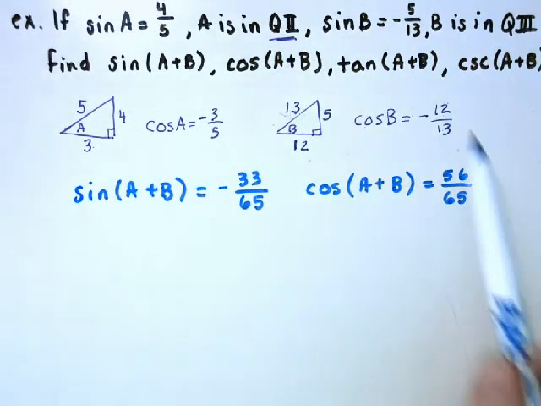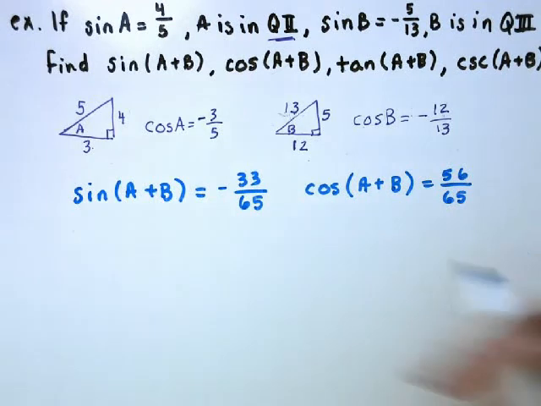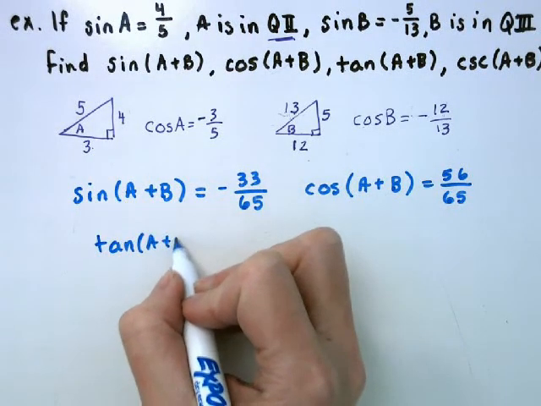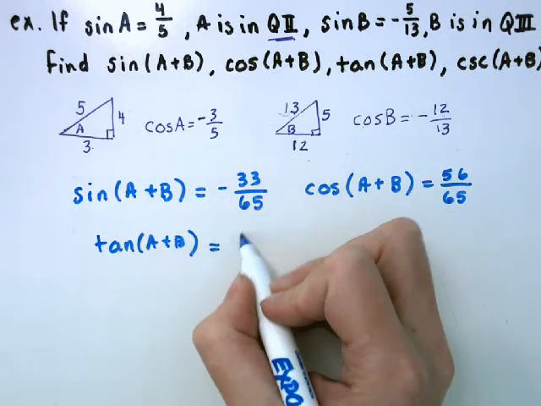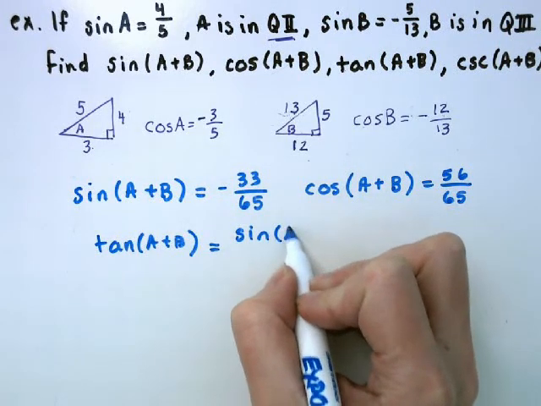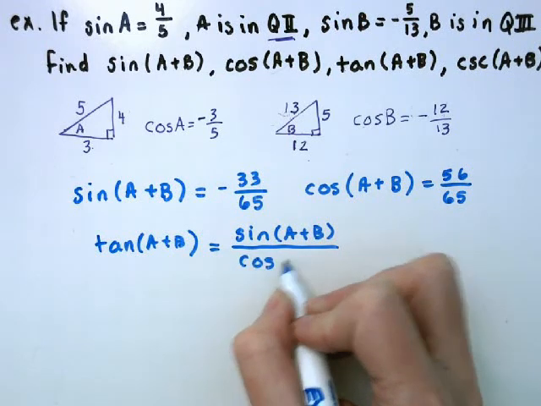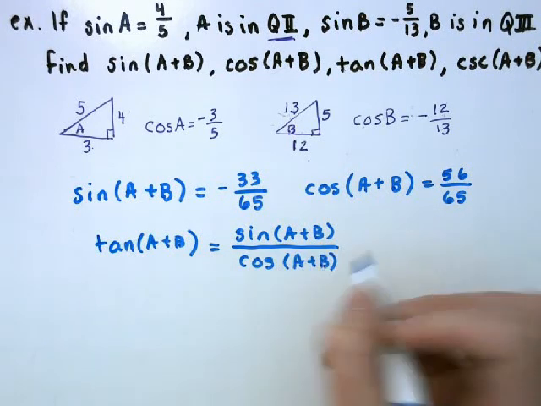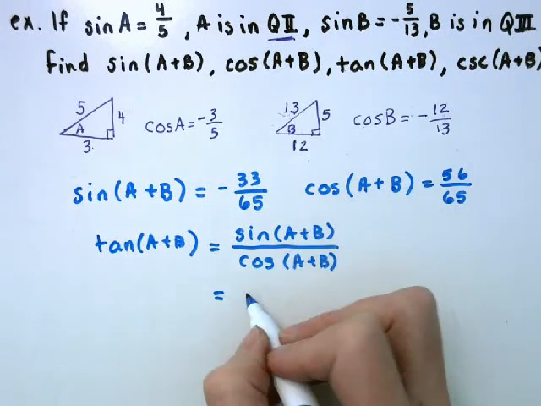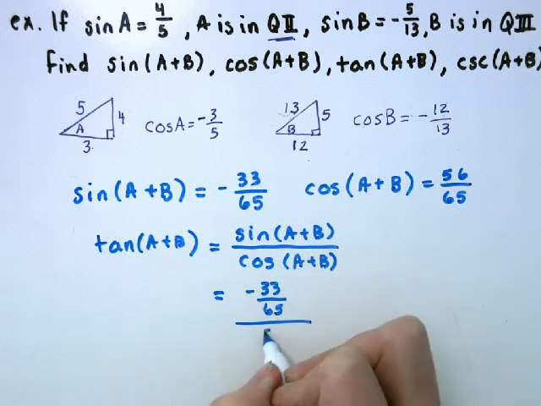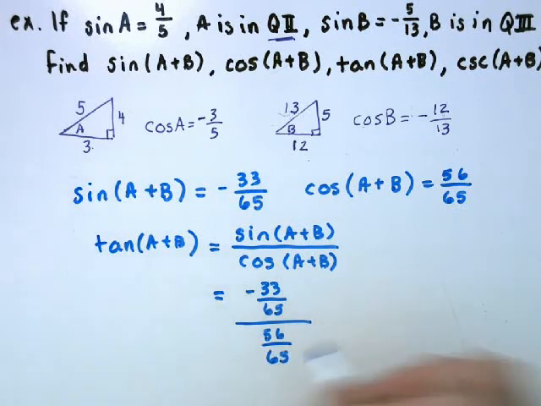We're going to use those to find the last two, tangent and cosecant. Tangent is just going to be sine over cosine. So it's going to be the sine of A plus B over the cosine of A plus B. That's going to be negative 33/65 over 56/65.